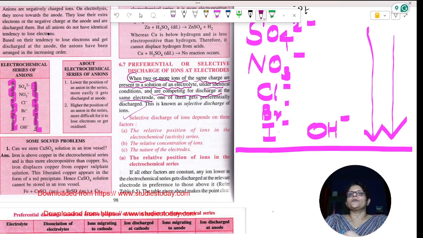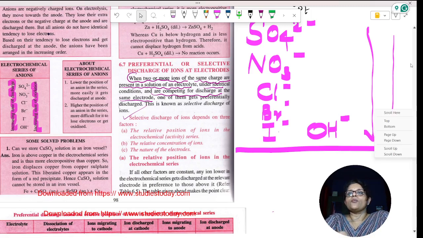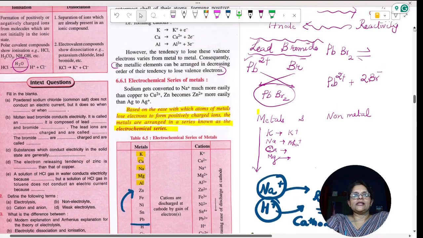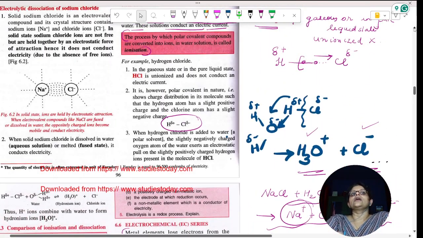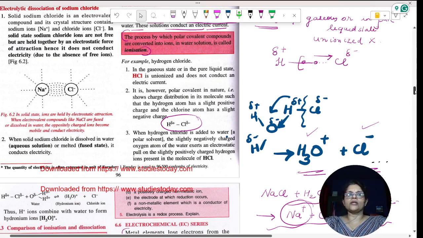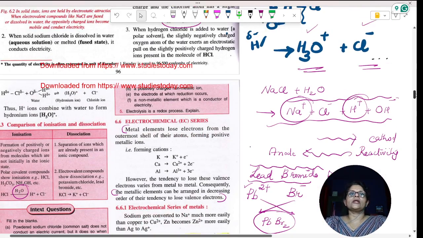Okay, so I think we can end the class now. Today we have studied dissociation and ionization, how sodium chloride is dissociated in the presence of water or in the molten state, and what happens to salts with covalent bonds and salts with ionic bonds.